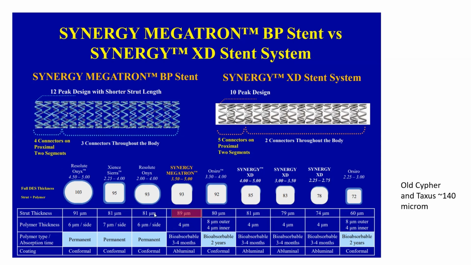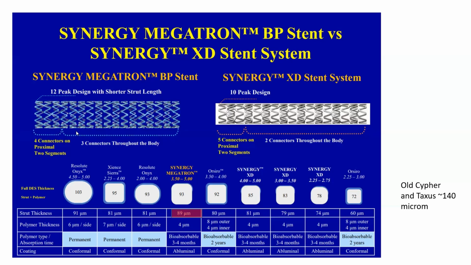There is one stent called Megatron stent. It tends to have slightly thicker struts, but more importantly, it has more peaks, so it has a more dense design. So it's not just slightly thicker struts, it's a greater number of peaks, more struts. And it has more links between the columns of the stent.